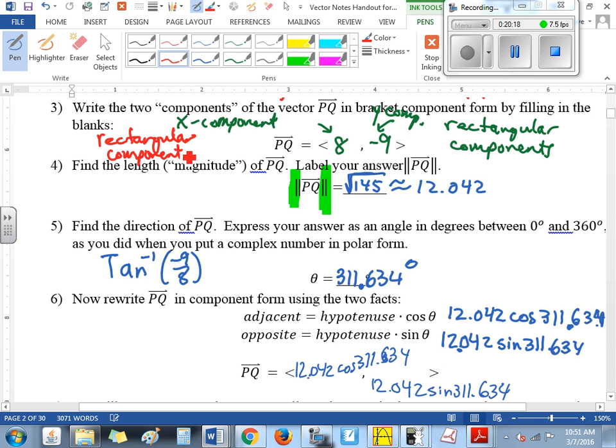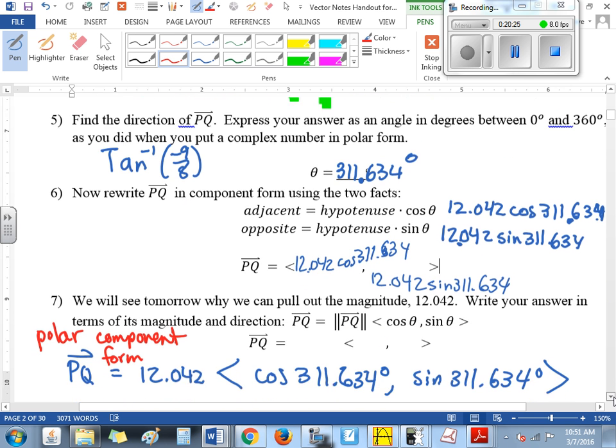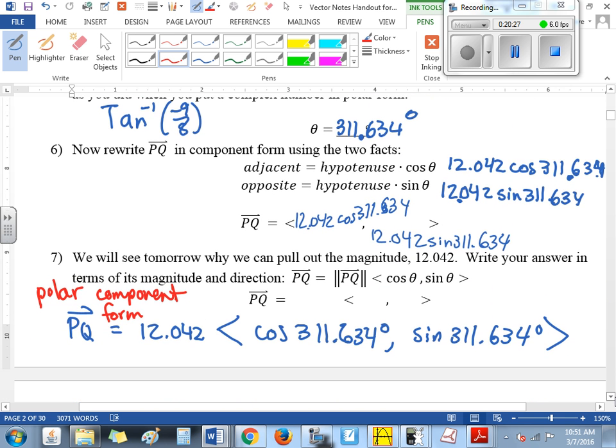So we have rectangular component form, that's 8, negative 9. Polar component form, that's the 12.042, blah, blah, blah. In the homework in our book, they just say it this way: please write the vector in terms of its magnitude and its direction. But I'll just call it polar component.